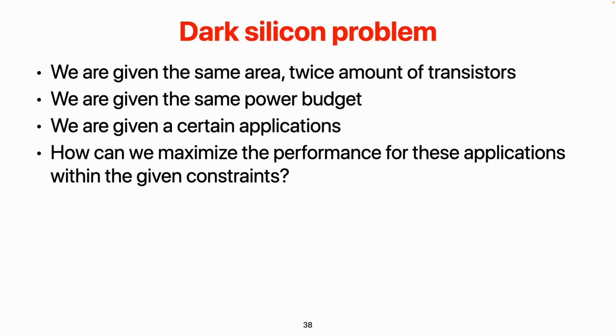How do you maximize the performance of these applications within the given constraints? So given the first three constraints, how can you optimize the performance of a set of applications? That's the dark silicon problem.